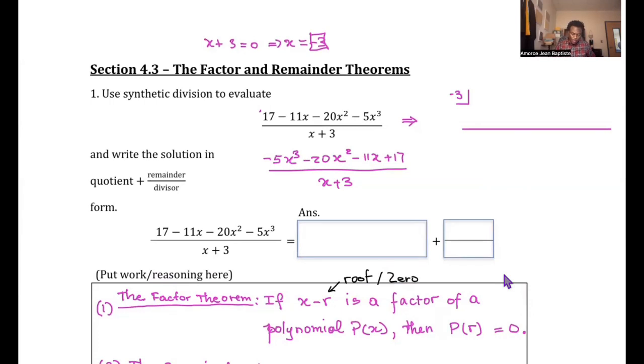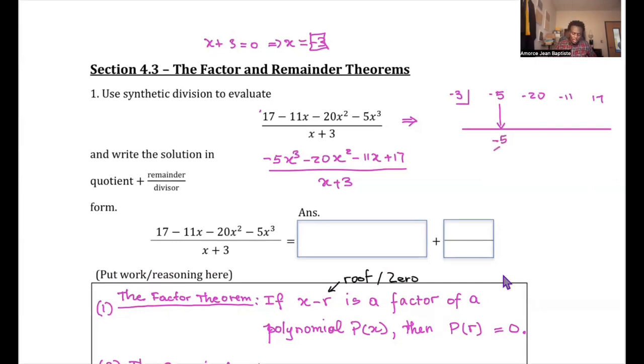So: -5, -20 with their signs, obviously, -11, and then 17. So I list the coefficients of the polynomial. Then I start by dropping the first coefficient below the line, underneath the line: -5.